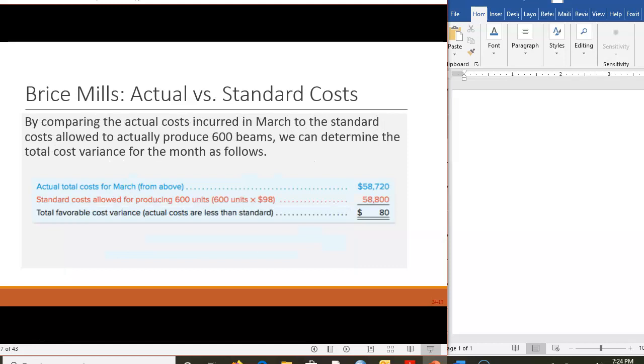So we look at our actual total costs and the standard cost we should have spent for producing 600 units. We see that we have a favorable cost variance of $80. So is that a good thing or a bad thing? Well, yeah, we saved $80. That's great. We can break that variance down further to see where exactly that happened.